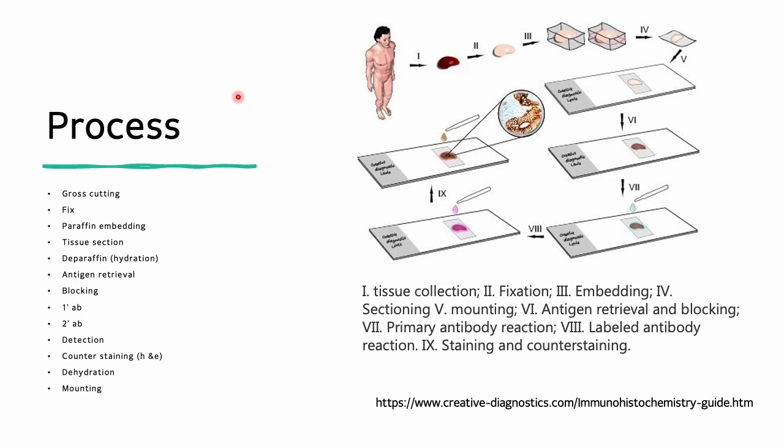As a process, I got the image from creativediagnostics.com. As a general process, we cut the tissue like this, we fix it with formaldehyde in most cases, but there are many fixation agents. And then we embed this tissue in paraffin, and then we get this paraffin block.